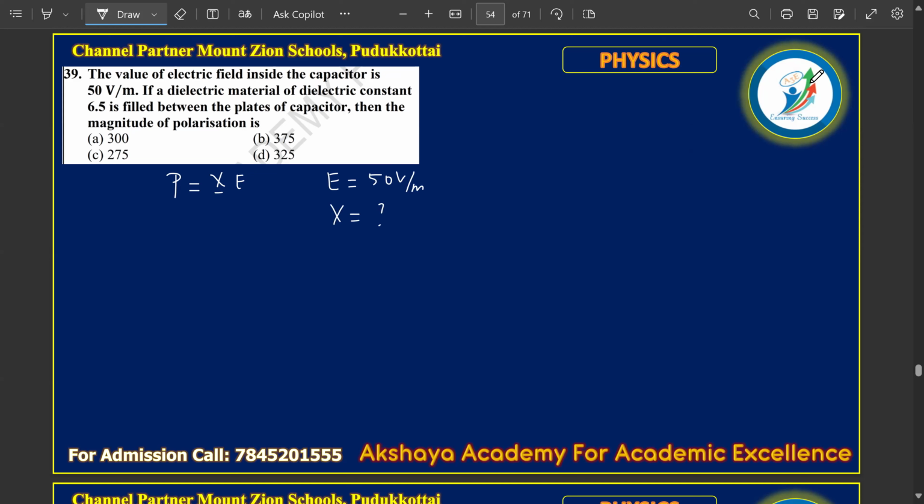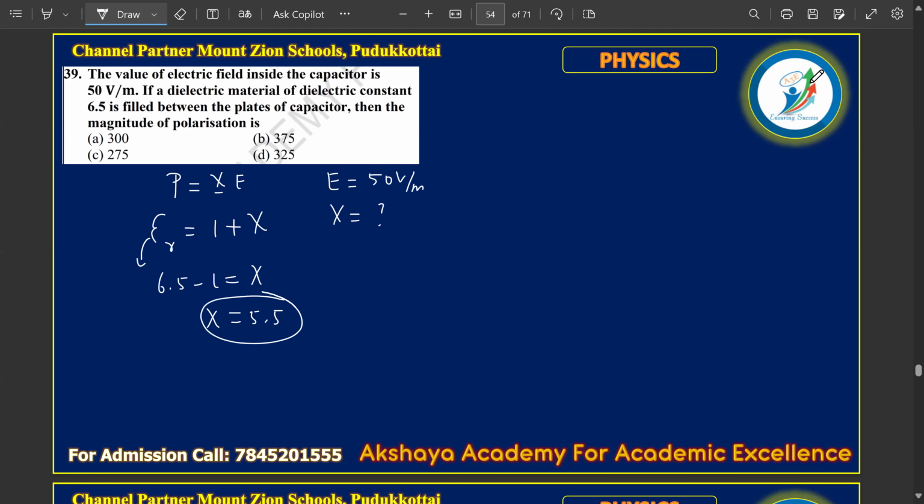So if we know the value of psi, we can find the polarization. We already have a relation between the dielectric constant, that is relative permittivity epsilon r, which is equal to 1 plus psi. This epsilon r is given to be 6.5, so 6.5 minus 1 is psi. So psi is equal to 5.5.